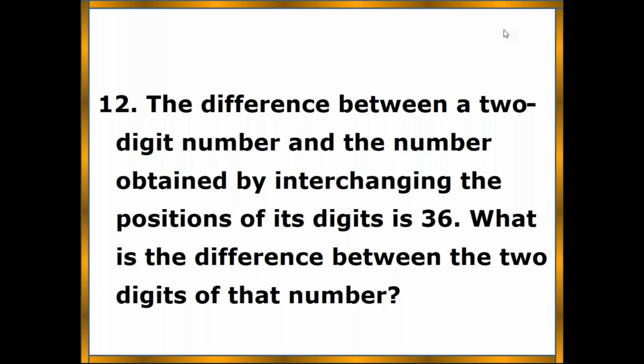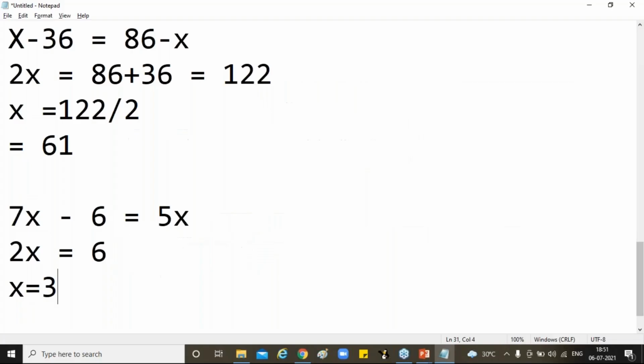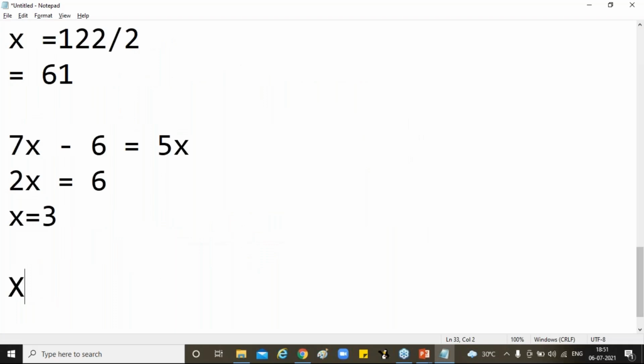So let us assume the two-digit number is xy. X is the first digit and y is the second digit. What is the other number after interchanging the digits? Yx. So 13 is the number; after interchanging, 31 is the number.